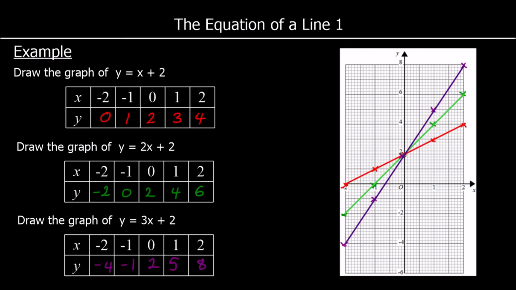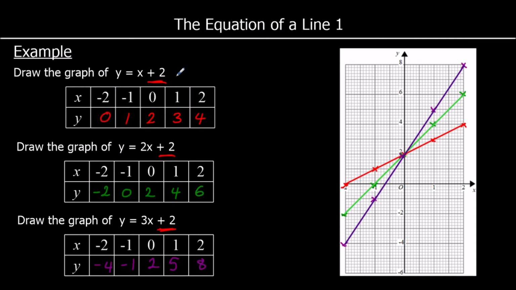So what do we notice about all of these graphs and all of these equations? We can see that they've all got a plus 2, and they all cross at y equals 2. So we call that our y-intercept.